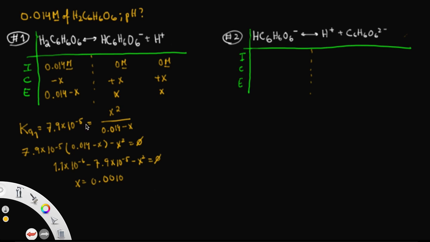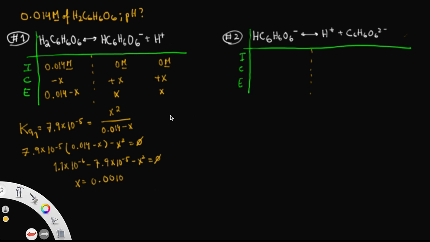So now we have to write out our equilibrium expression. What's unique for polyprotic acids is that we don't just have a Ka value, we have a Ka1 value, a Ka2 value, and possibly a Ka3 value if it's triprotic, if there's 3 hydrogens.